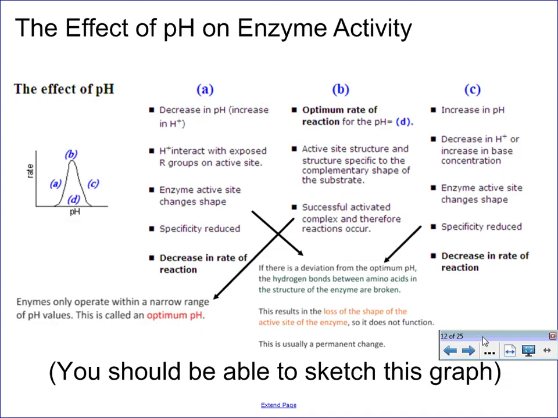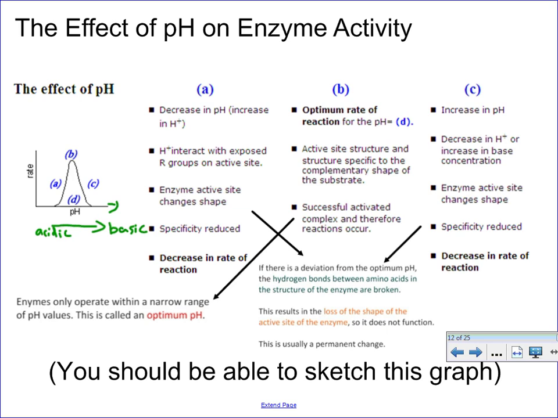The next effect we'll look at is the effect of pH on enzymatic activity. As we increase pH, at the lower end we have more acidic conditions, and as we increase pH, this creates more basic conditions.